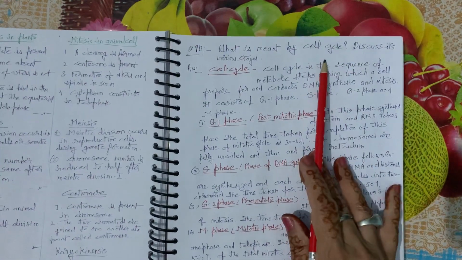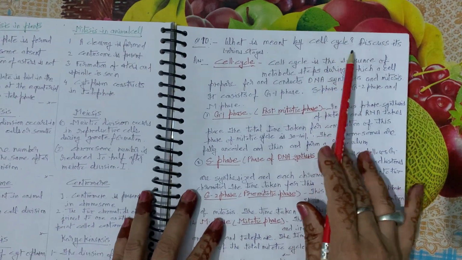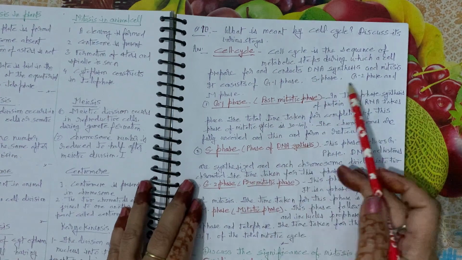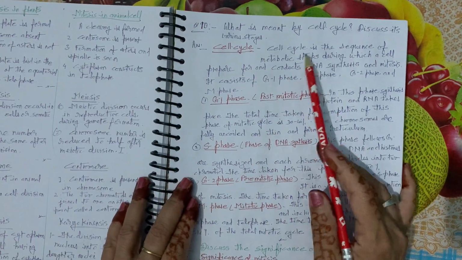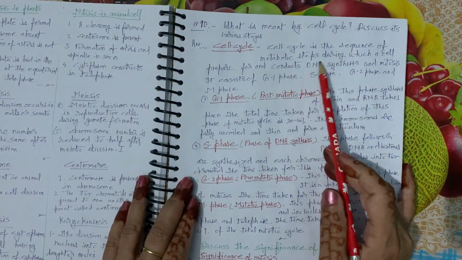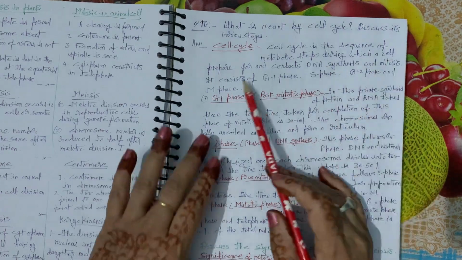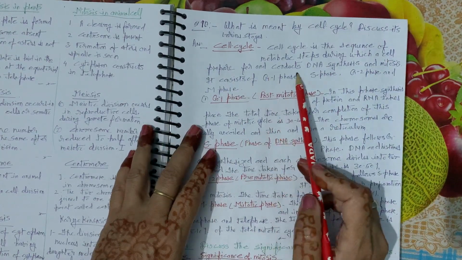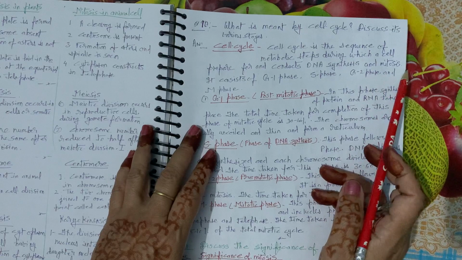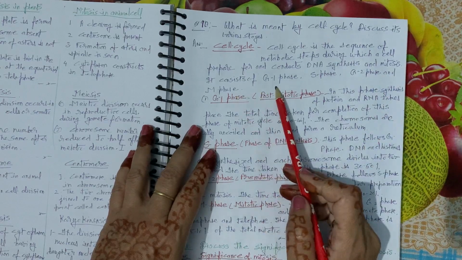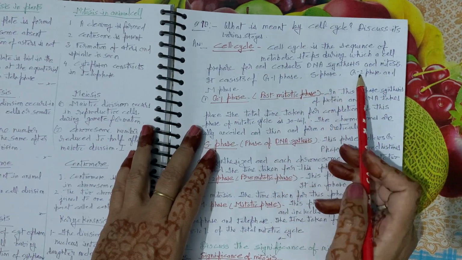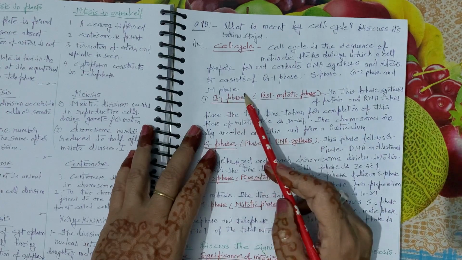Now, what is meant by cell cycle? Discuss its various stages. Cell cycle is the sequence of metabolic steps during which a cell prepares for and conducts DNA synthesis and mitosis. It consists of G1 phase, S phase, G2 phase and M phase.